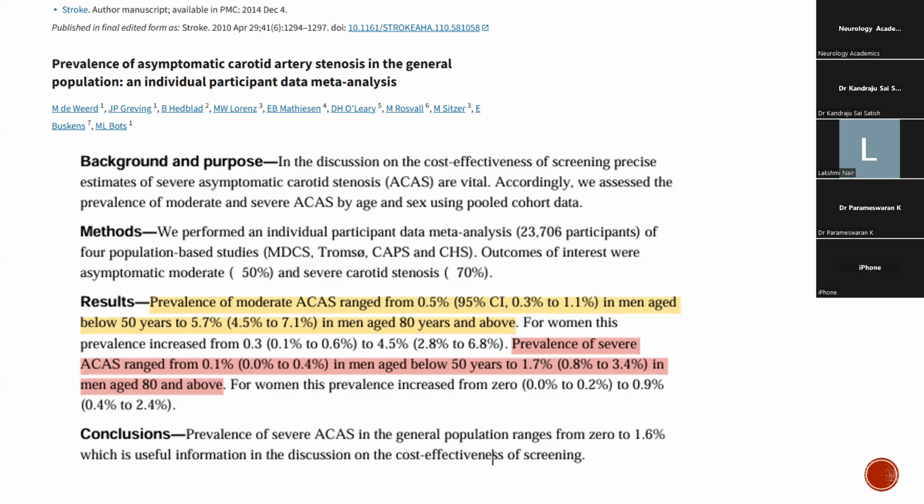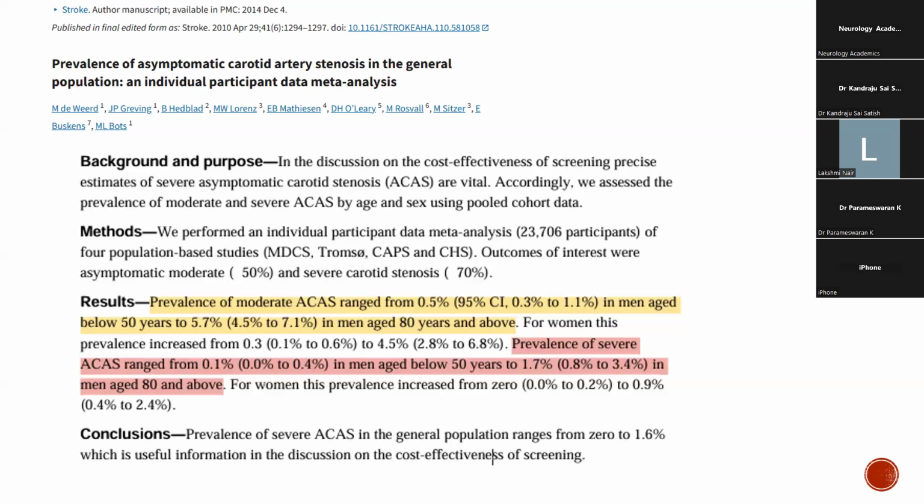But in asymptomatic carotid artery stenosis, in this trial by Weed et al., they looked into the prevalence of asymptomatic carotid artery stenosis in the general population. It is a meta-analysis, and they found that the prevalence of moderate asymptomatic carotid artery stenosis ranged from 0.5% in men aged below 50 years to 5.7% in men aged 80 years and above.